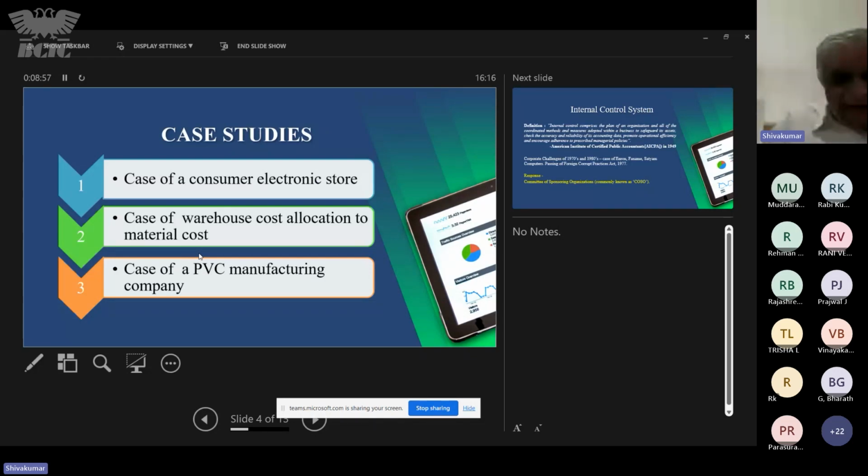So at the end of the day, when you see the result, the same input item purchased from the same source will show a different material cost because of the wrong allocation of the overhead. This issue took the attention of the management: the material I purchase, when I keep it here, how does it keep on changing its value?